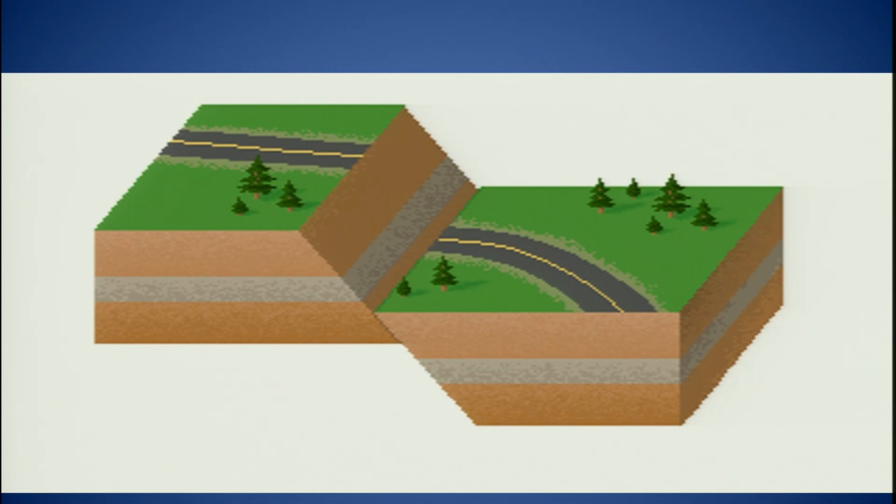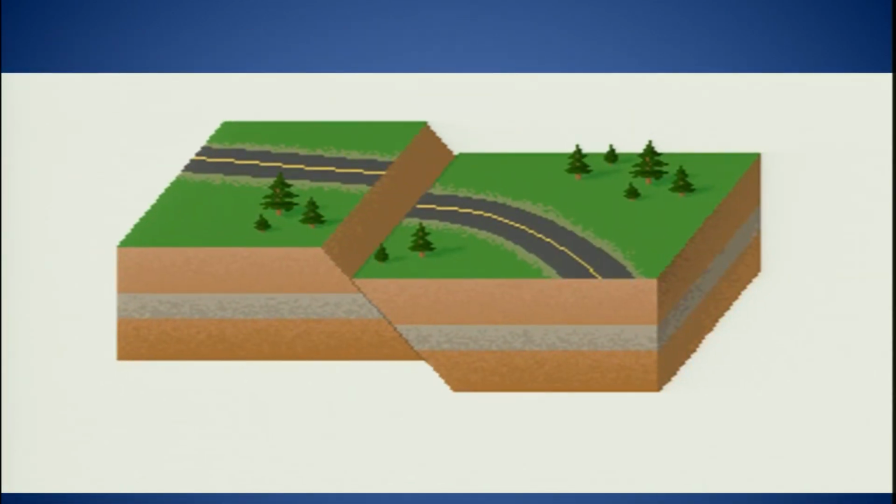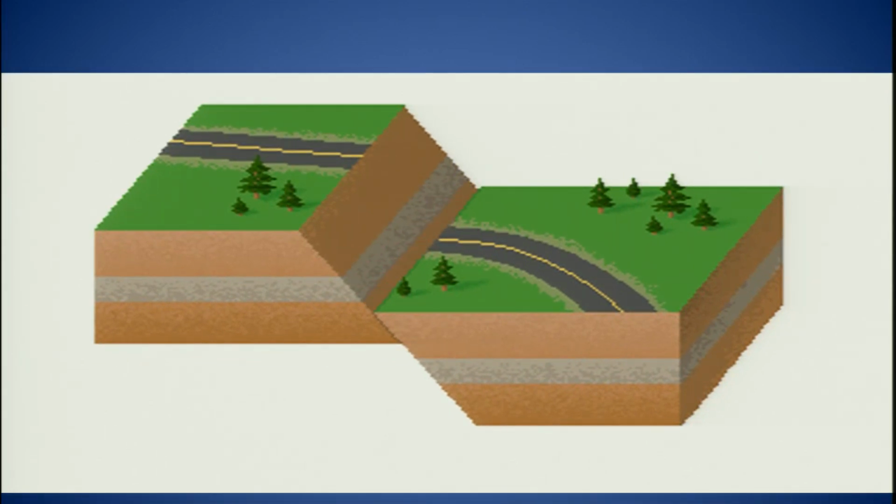So in another case, in extensional tectonic environment, what we see is one block is moving down and another block is the stationary block. So you can easily make out which block has moved down if you have exposed this section here.